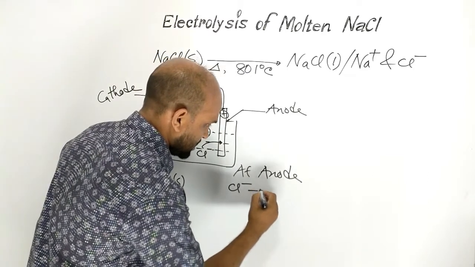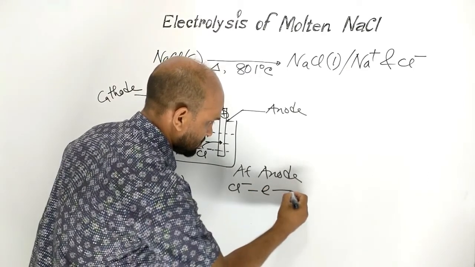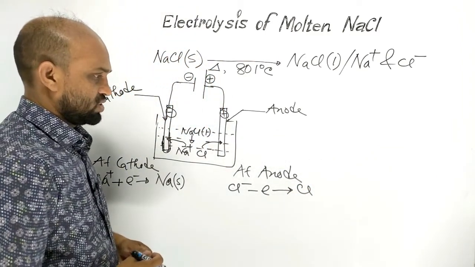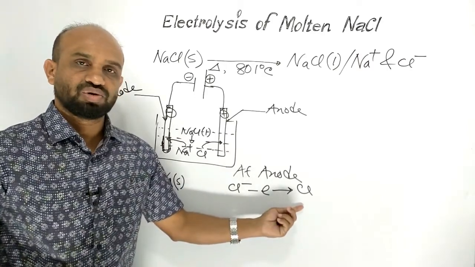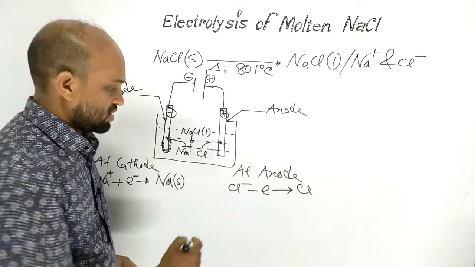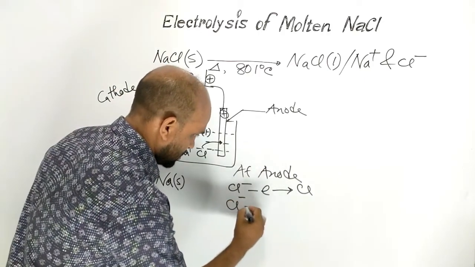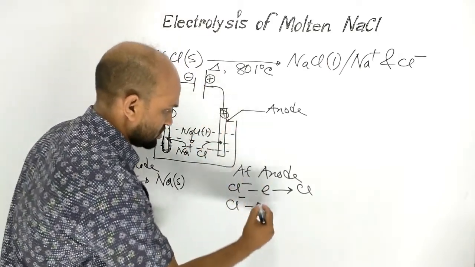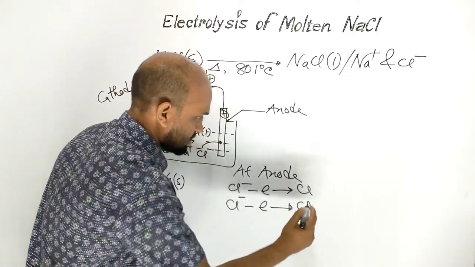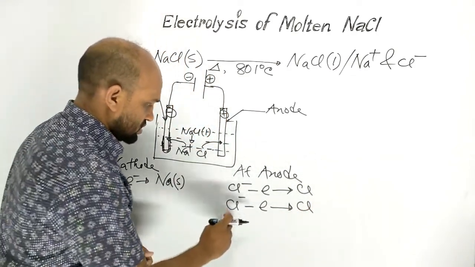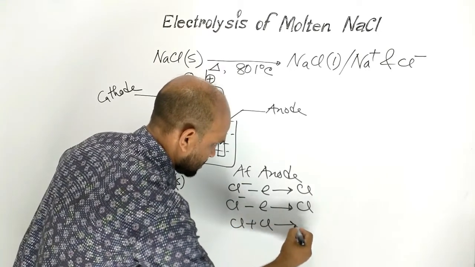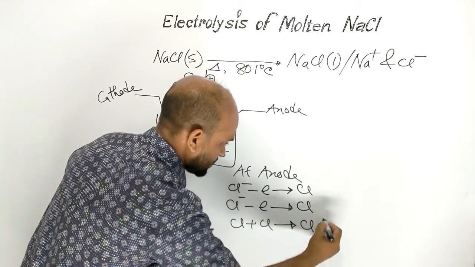So chloride ion will donate an electron to form a chlorine atom. We know there is no existence of a free chlorine atom in nature. Another chloride ion will move to anode and donate an electron to form another chlorine atom. These two chlorine atoms combine with each other to form chlorine gas.